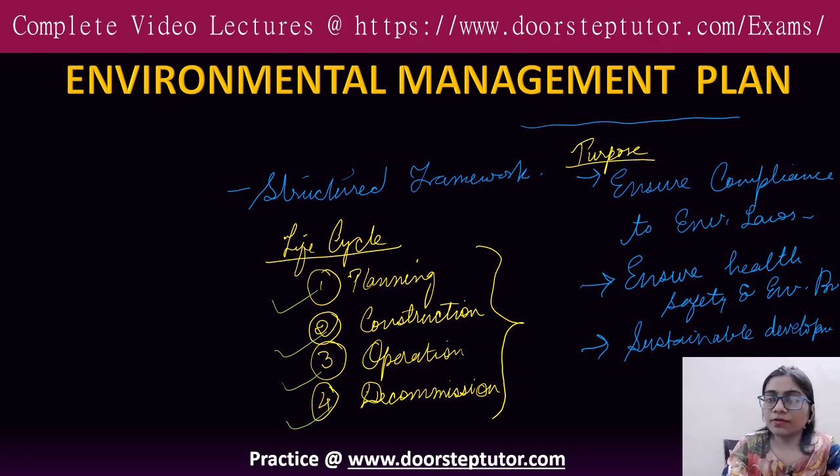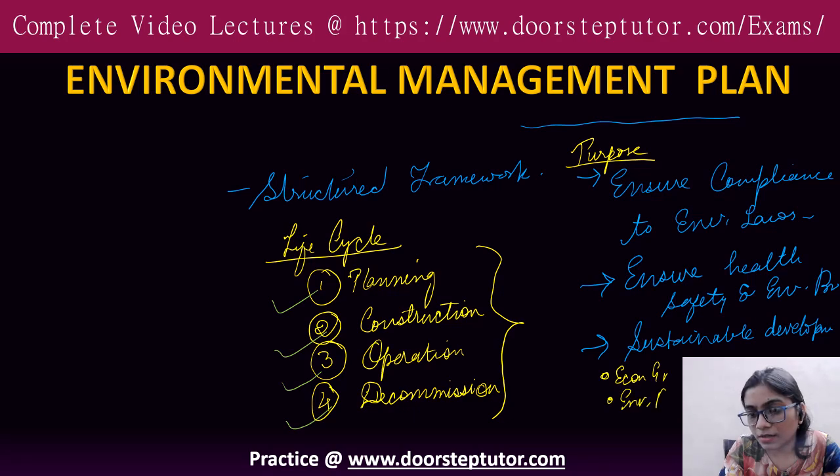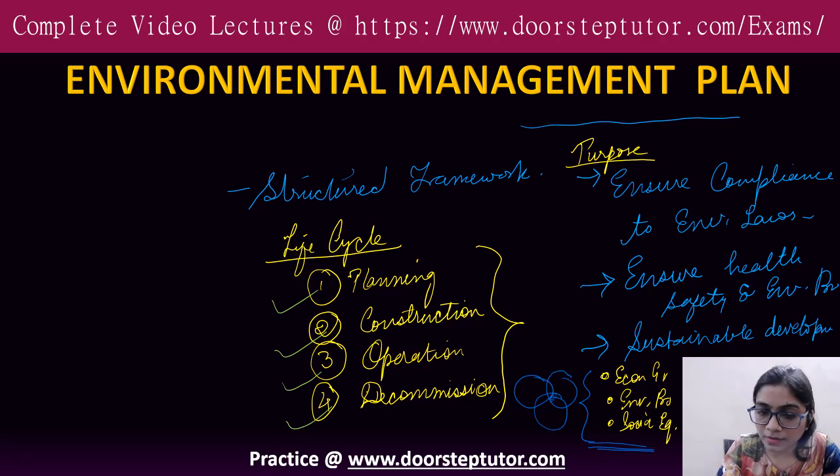So when we are talking about sustainable development, we are talking about economic growth, we are also talking about environmental protection, and we are also talking about social equity. So whenever we are formalizing any project, we have to take care that these three spheres are met. This is where sustainable development happens. So these three spheres must be met, and then only you can proceed with your project.